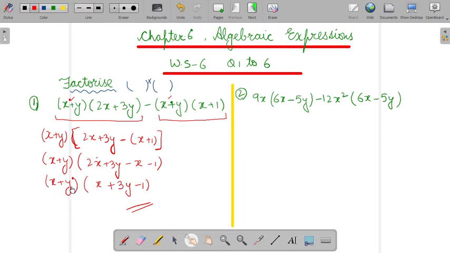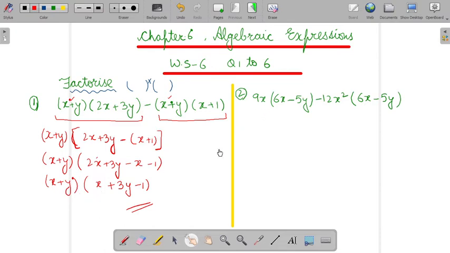If you open the bracket by doing the multiplication and after solving it, you will get the answer same as by solving these two terms. Okay, so you will not solve it further. Why? Because in that case the factorization will not be there. We have to convert it into factorization form. Means between the brackets there should be a sign of multiplication.